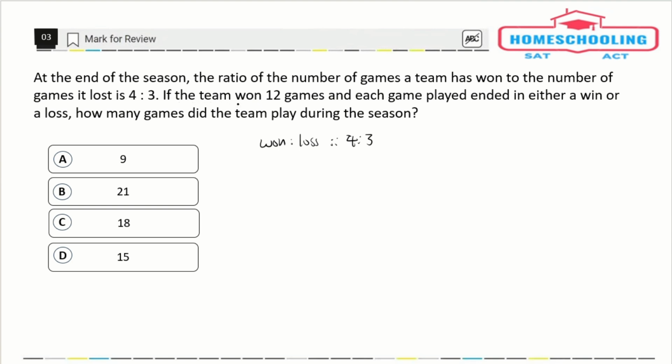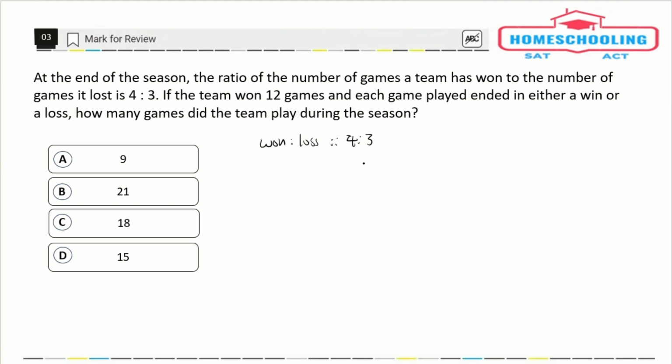If the team won 12 games and each game played ended in either a win or a loss, so there is no draw here, how many games did the team play during the season?